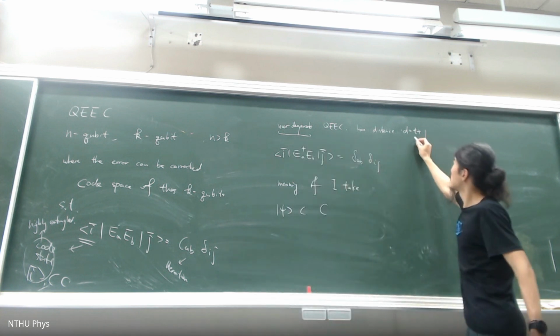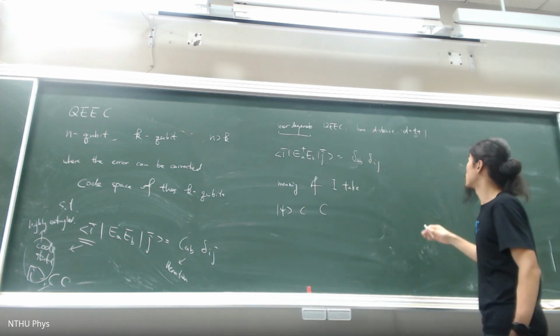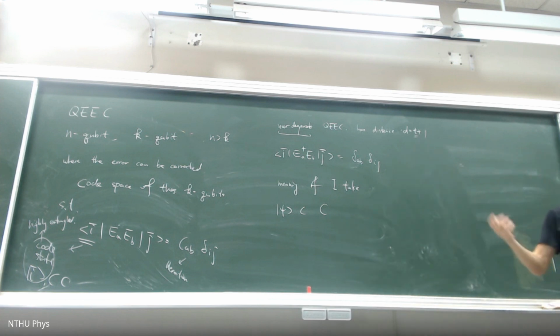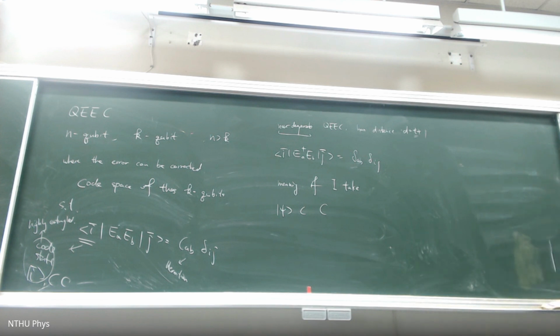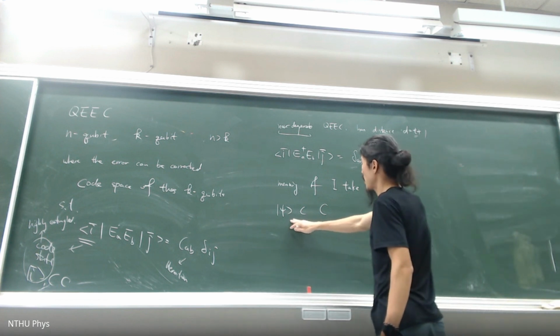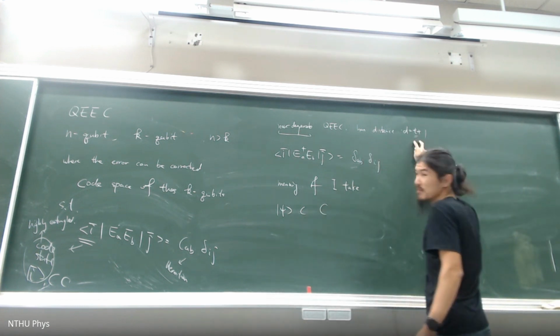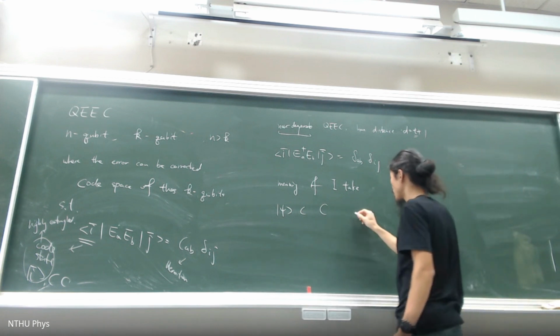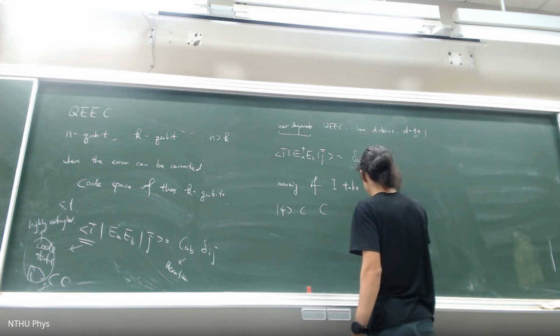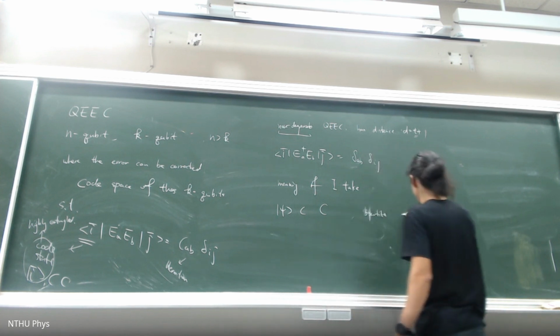Now I have an error of weight t, and if you remember the definition of the weight of an error, it is the number of non-identity Pauli matrices in a Pauli string, right? In that spirit, I can define a partial trace with respect to the number t. So I'm considering splitting the bipartite system into t and t bar.